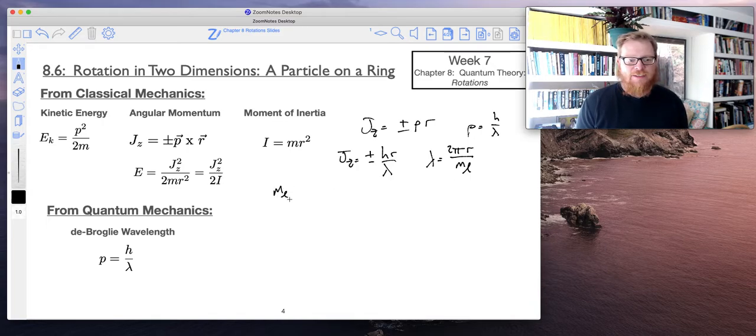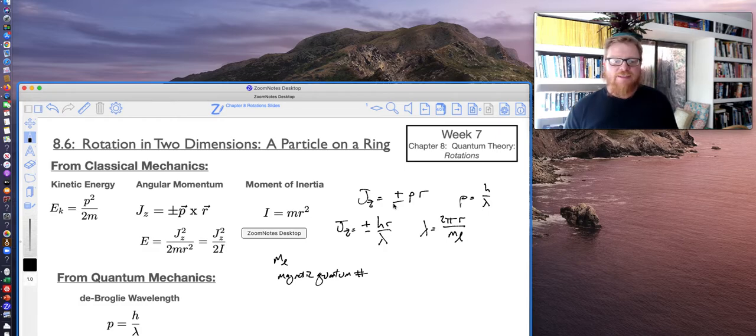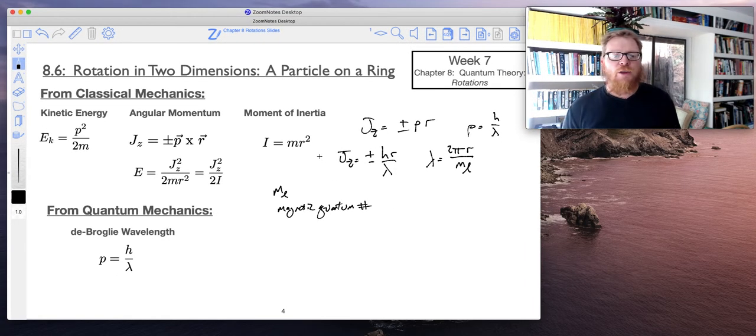That, in fact, is the ml that you know and love. That is called the magnetic quantum number, and it can take on the following values. For now, we're going to pretend that we don't know what values ml can actually take on.